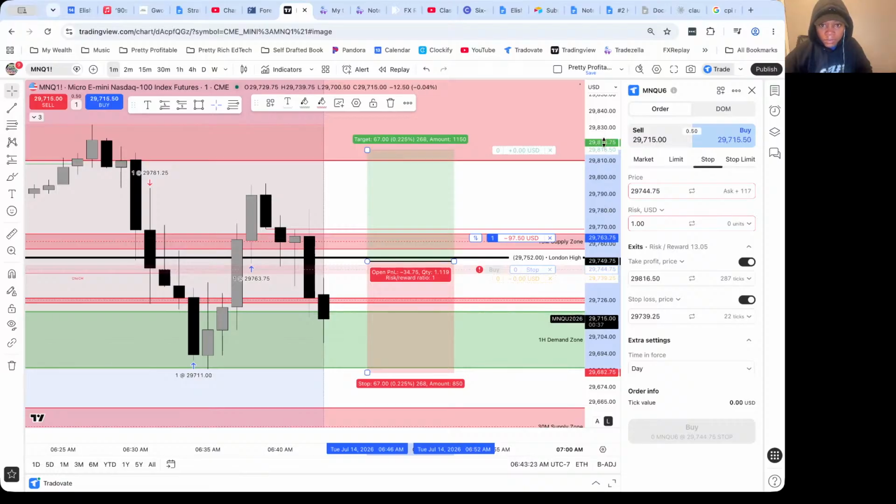It's showing me right here. You see it? Take profit, stop loss. See how I got mine right here? But it's not respecting it. So I feel like I'm manually in a trade.